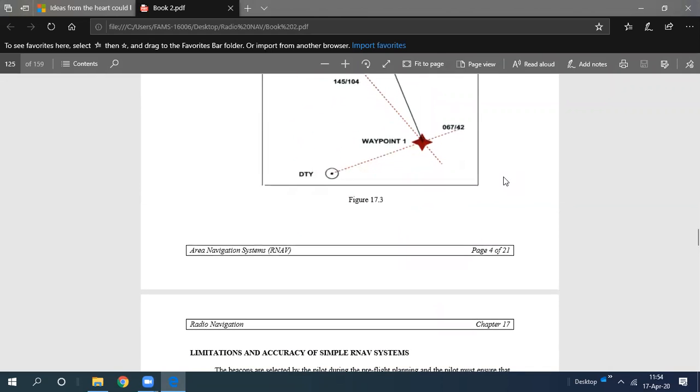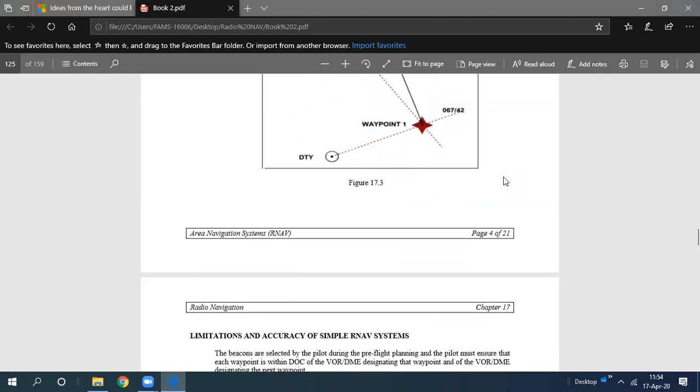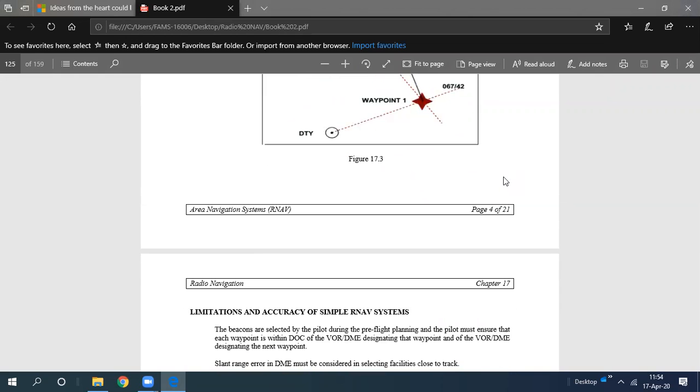Now, next happens to be the so-called FMS or FMC, which is flight management computers, which I believe Don has already covered. I will just ask you a couple of questions. This navigation system is divided into two parts.